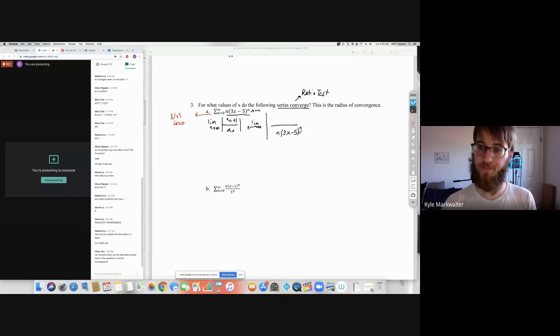Now in the numerator of this ratio, like we're making a ratio, a fraction, I need to find all my n's and replace them with n plus 1, because a sub n plus 1 goes in the numerator. Okay. So this is the limit I need to figure out.